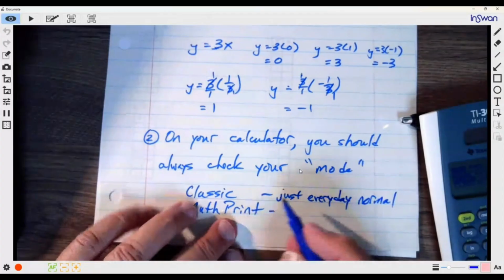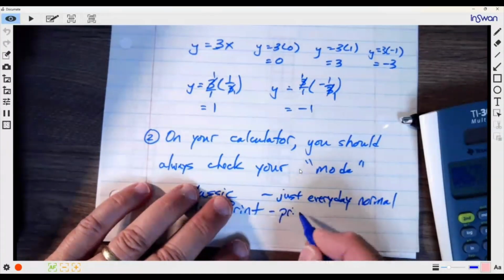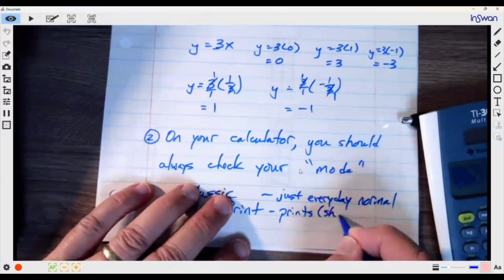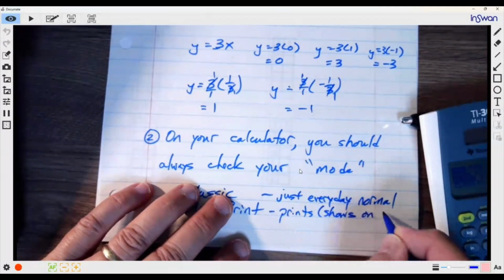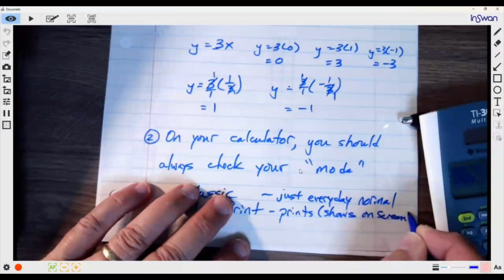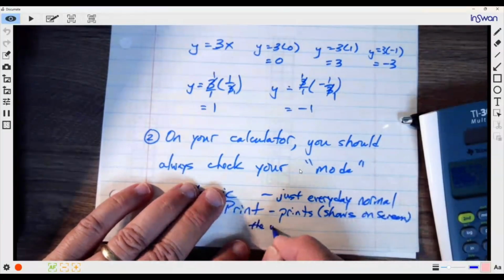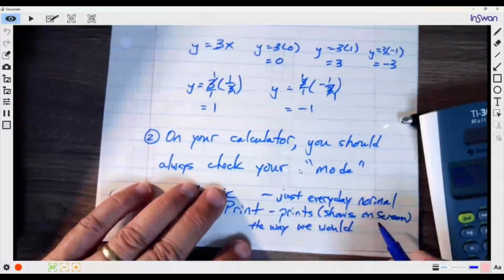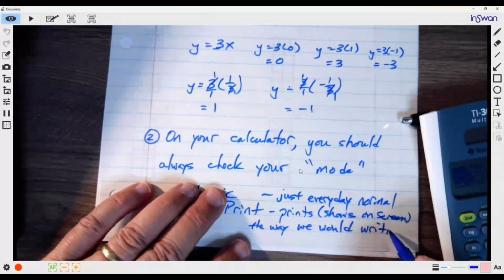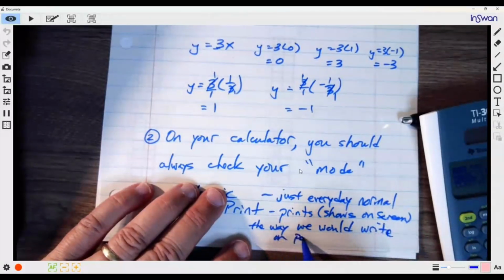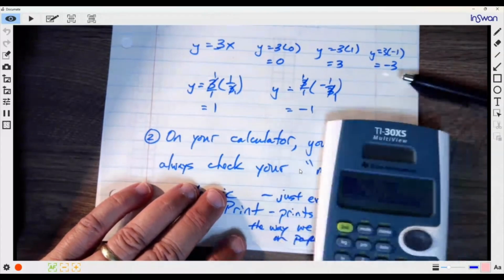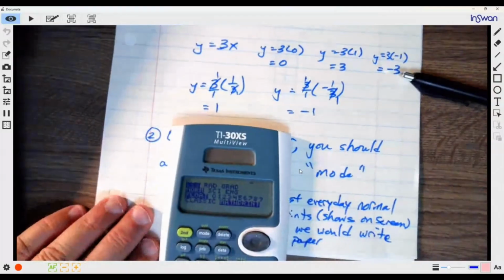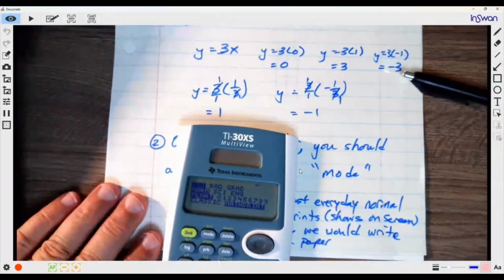But math print prints, and by prints I mean showing you on the screen, the way we would write on paper. It gives us the option of showing things the way we would see them on paper.